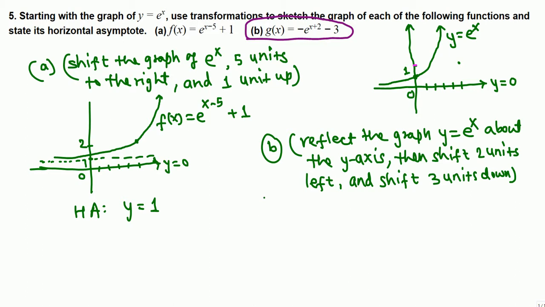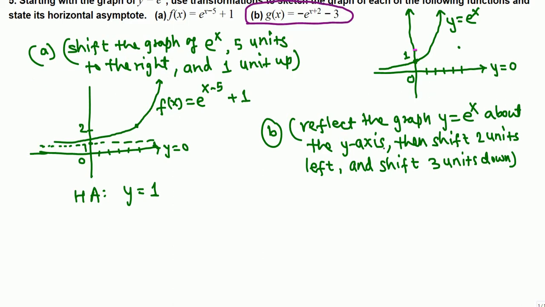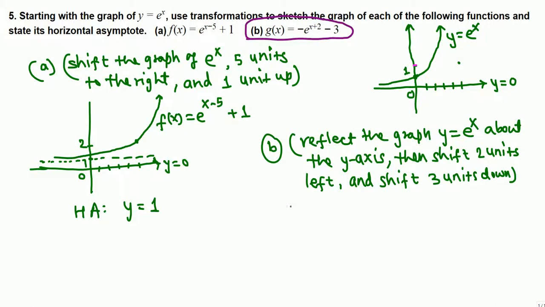Okay, now we'll take a reference point, (0, 1), and do this work and find the graph. A couple of things are happening here, so let's solve this problem in a couple of steps. First we need to reflect about the y-axis. This is not the final answer, but when we reflect about the y-axis, we get something like this.